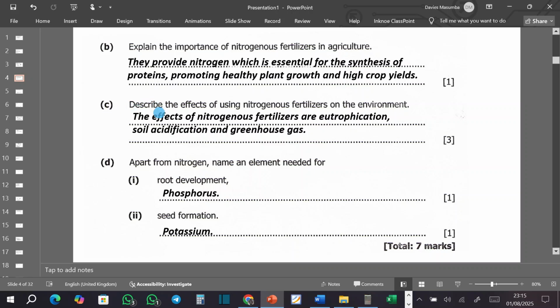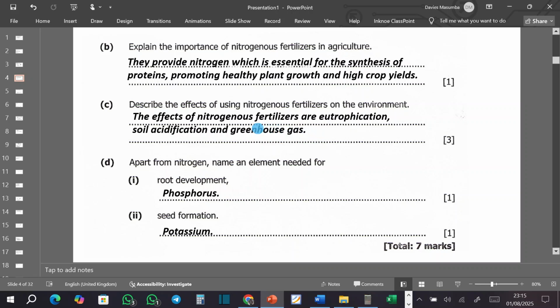Then they're saying describe the effects of using nitrogenous fertilizers on the environment. So the effects of nitrogenous fertilizers are eutrophication, soil acidification, and greenhouse gas.